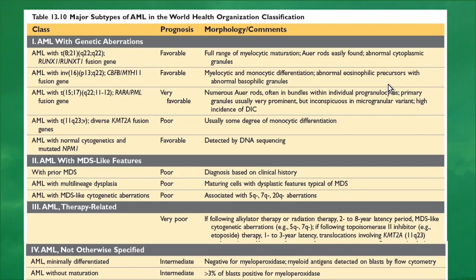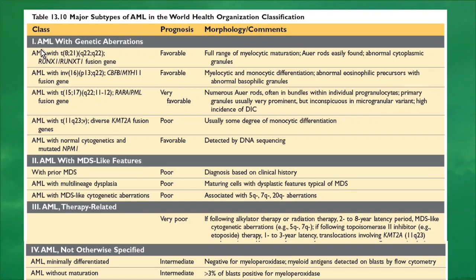Now we'll look at the major subtypes of AML according to the WHO classification. Earlier AML was classified under FAB. Even the FAB classification is used on the ground even now because it's pretty easy and everybody understands it. But the WHO classification is scientifically more valid.